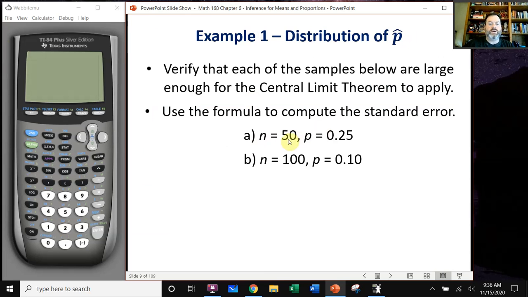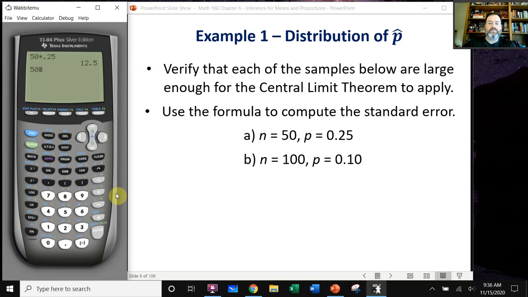So the first one we're going to do is n times p, right? So that's just 50 times 0.25. And you get 12.5. Well, 12.5 is bigger than 10, so we're halfway done.